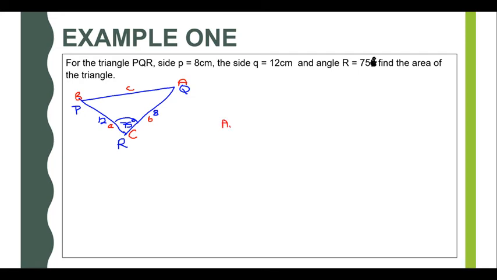So area is equal to a half ab sine C, which is equal to a half times 12 times 8 sine 75, which is equal to 46.4 centimetres squared to 3 sig fig.